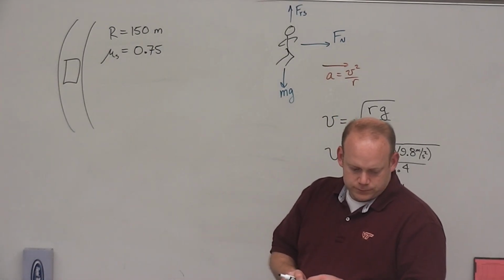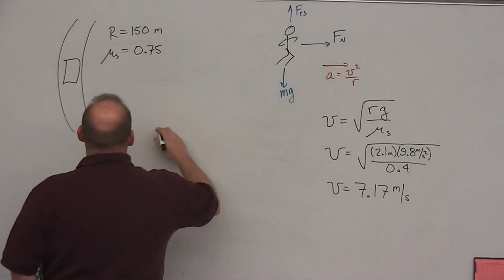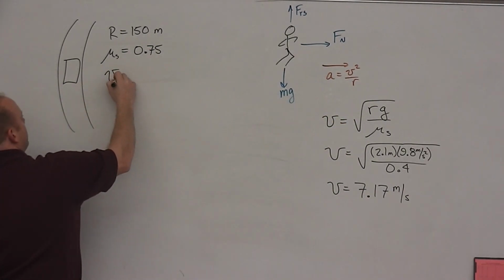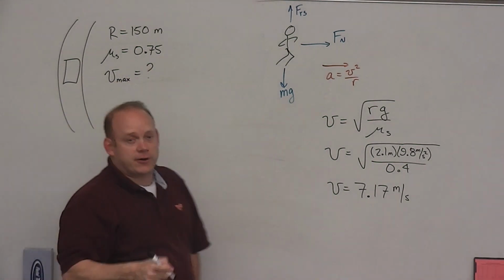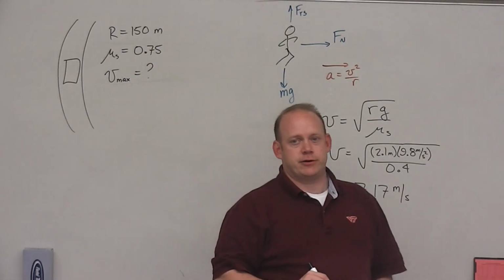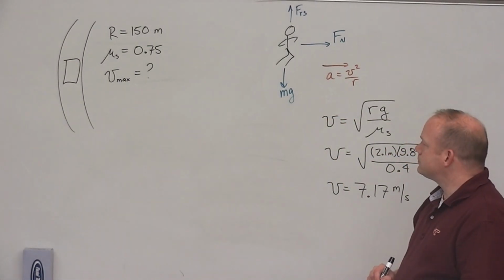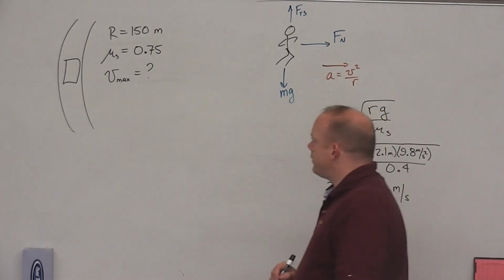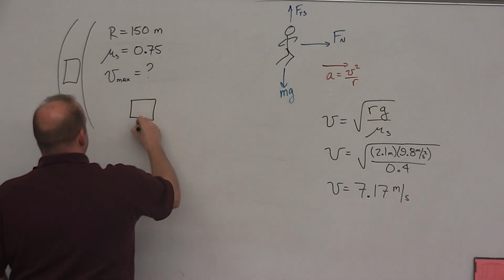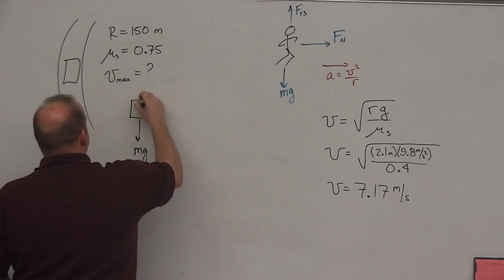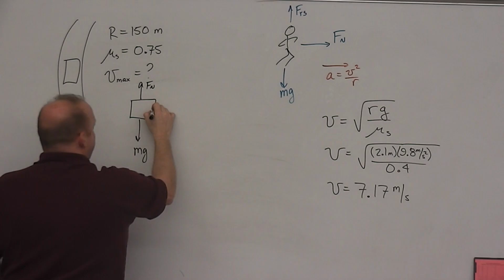So now, we want to know how fast a car can go around this bend without sliding out. If it starts to slide out, then you have kinetic friction. So now, if I do a free body diagram, mg goes down, normal force goes up, static friction has to go in.